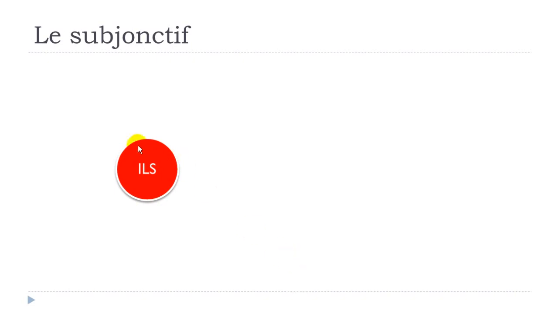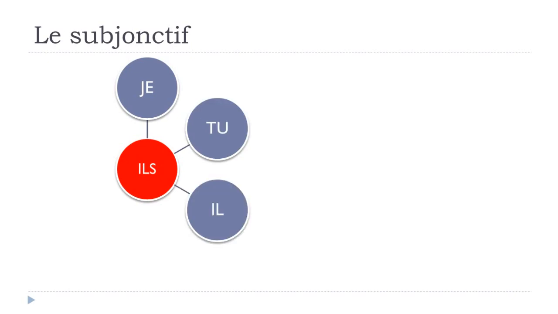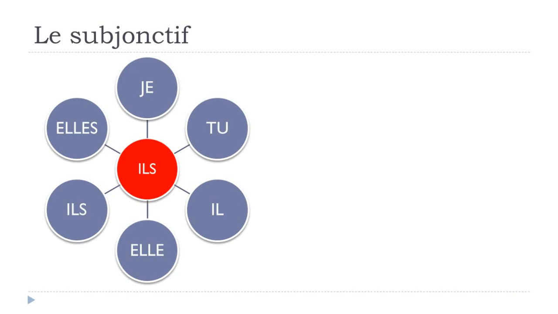This form of the present will help you to build the forms of the subjunctive for je, tu, il, elle, ils and elles. So the form of your verb at the present, at the third person plural, will help you to construct the subjunctive form for all these persons.